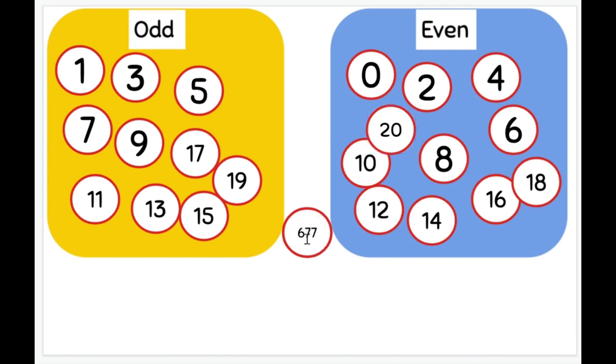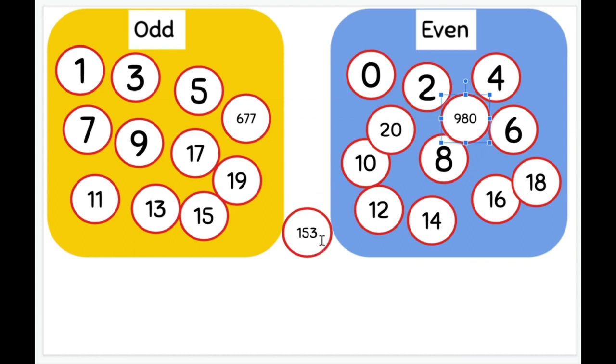Let's have a look at 677 here. So there is a 7 in the ones place. Is that going to be an odd or an even number? That's right, it is an odd number because it doesn't have 0, 2, 4, 6 or 8 in the ones place. Let's have a look at the number 980. It has a 0 in the ones place, so it is an even number. 153.